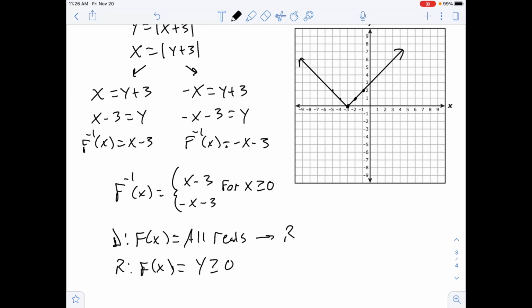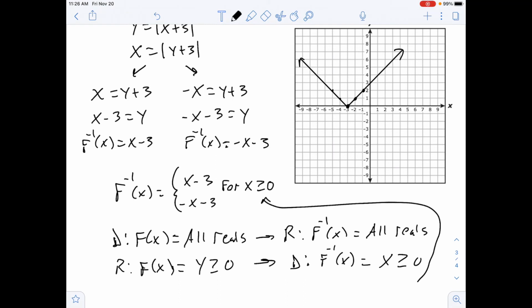That means that the range of f inverse of x is going to be all reals. And then the domain of f inverse is going to be x is greater than or equal to 0. So now you can see where this comes from. The domain will limit to x is greater than or equal to 0.